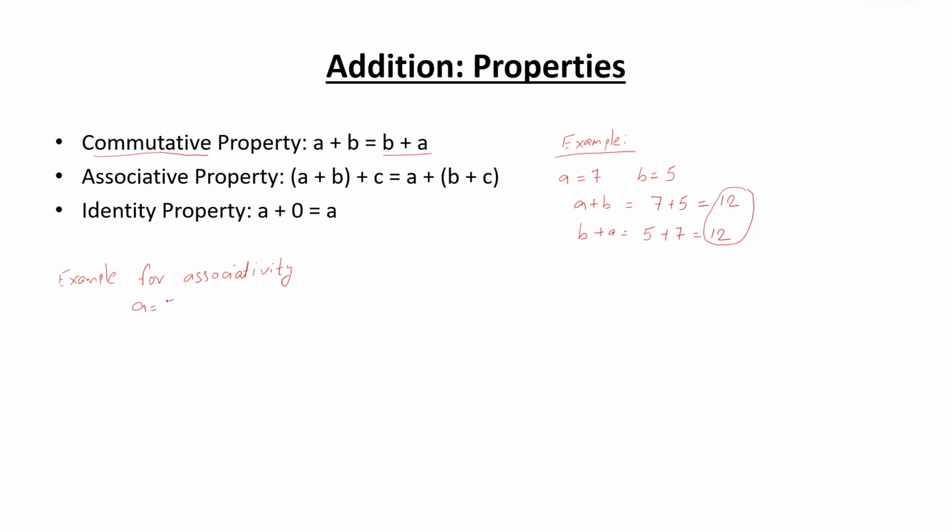Let me take A equal to 5, B equal to 2, C equal to, let's say, 9. Is that fine? Now, you add A plus B plus C. So, A plus B is 5 plus 2, bracket, plus C means 9, right?